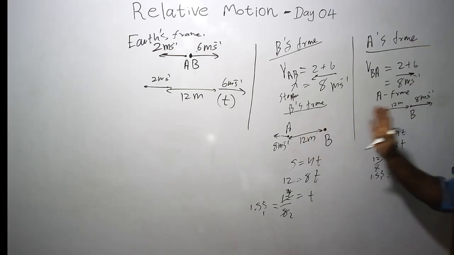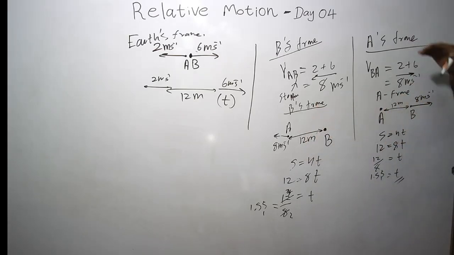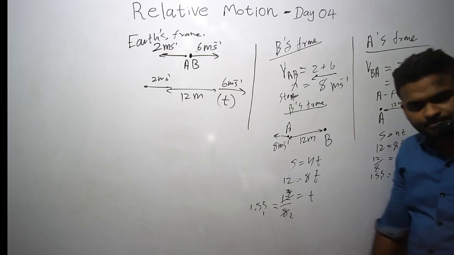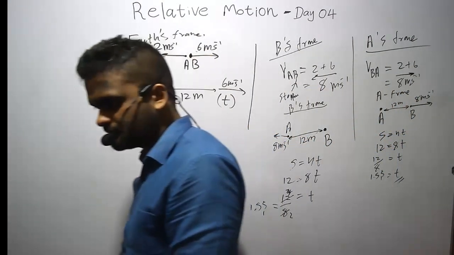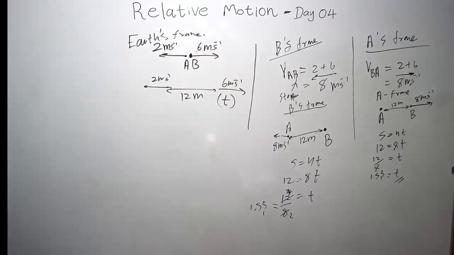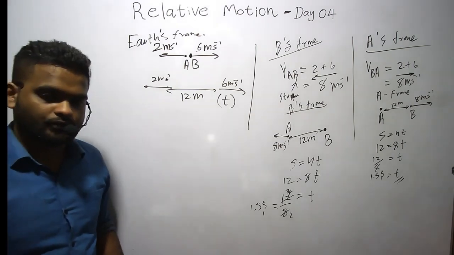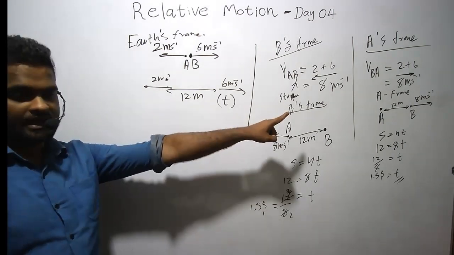So these are three different ways you can do the same problem. Just take it down. If you have any problem, send me. Once you take it down, thumbs up, okay?